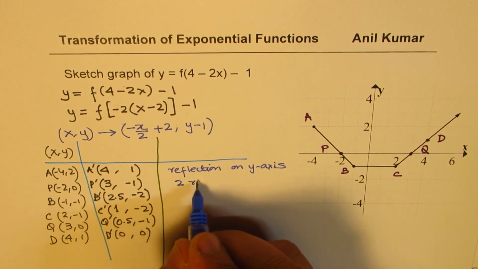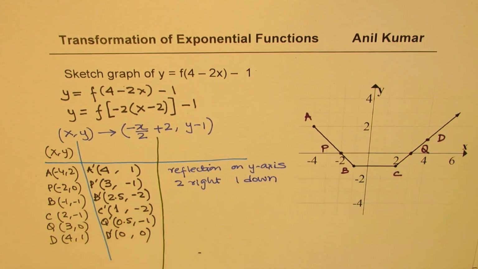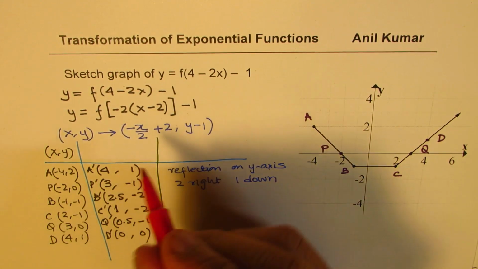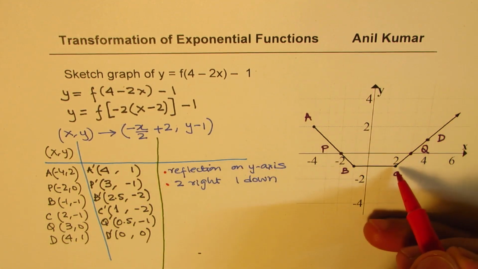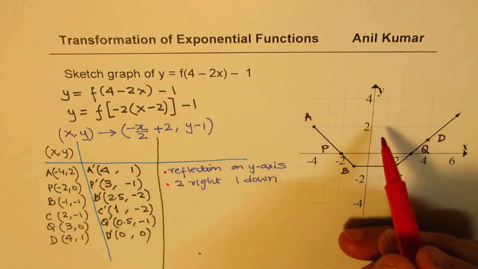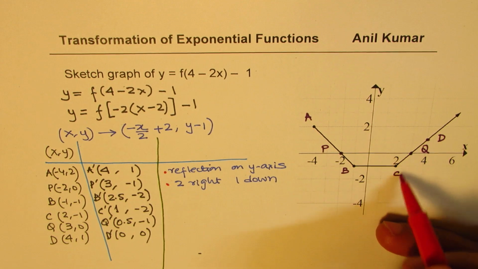So 2 right and 1 down. That is it, right? So that is the transformation. When you reflect on the y-axis, this arrow is going to go this side, right? And the whole graph is going to move 2 units to the right and 1 down.